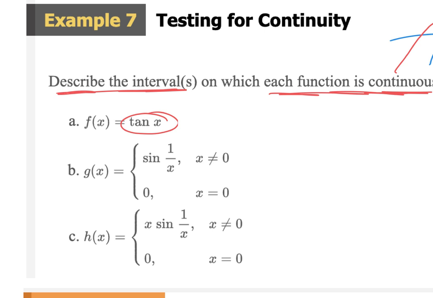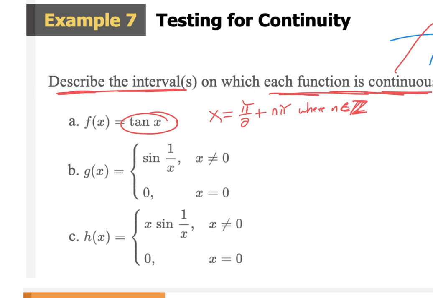Now, tangent of x has values that are undefined when x equals pi halves plus pi, or 2 pi, or negative pi, so we call that n pi, where n is an integer. Okay, n is an element of the integers.